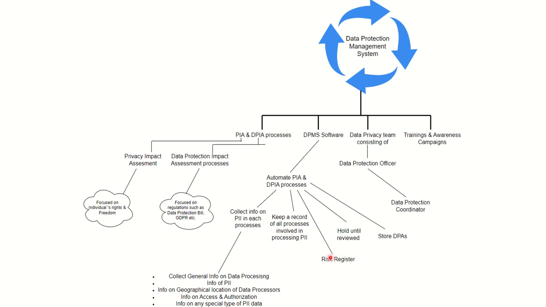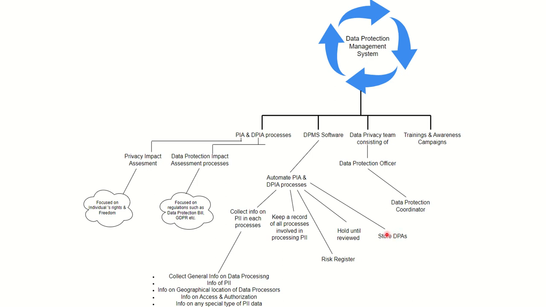It will maintain a risk register, so that in case some projects that are processing the PII are doing so in certain countries which are not deemed safe, or if the project has certain administrators who are based in countries that are not deemed safe by the regulations, then the risk score of that project for processing the personal data will be high, and that will have to be recorded in the risk register.